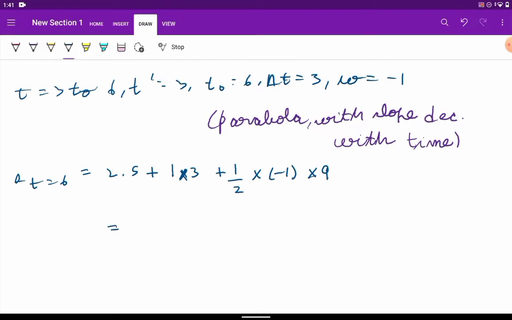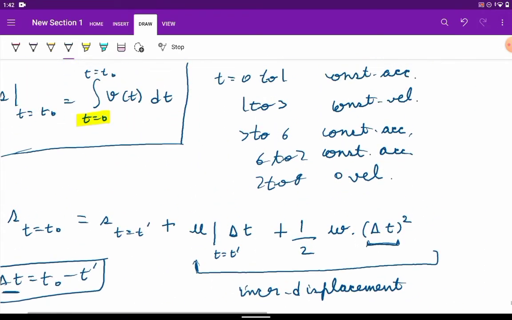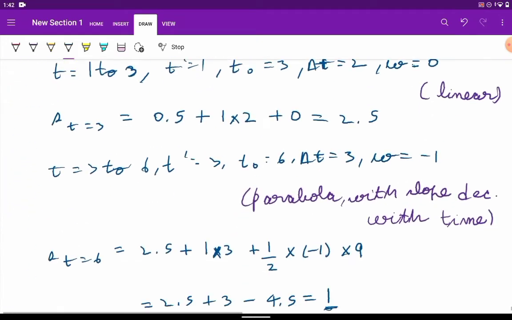This becomes 2.5 plus 3 minus 4.5, becomes 5.5 minus 4.5, which is 1. All right, yes, s at t equal to 6 is equal to 1. Okay, so we have reached t equal to 6, then 6 to 7.